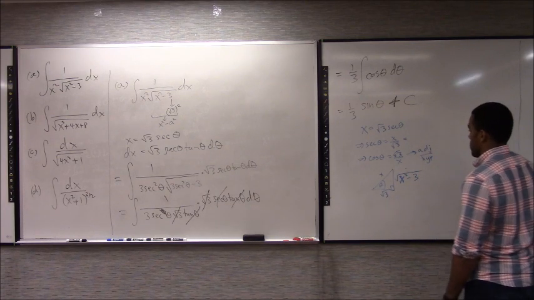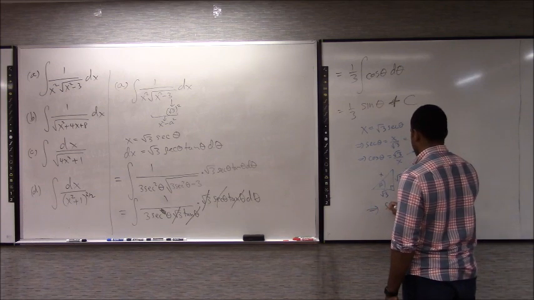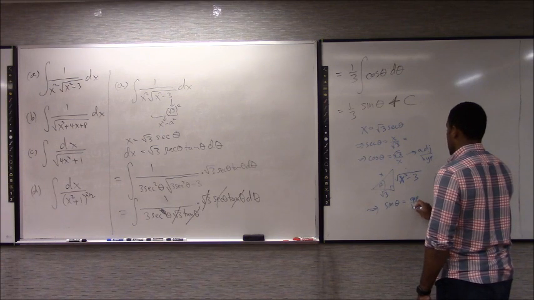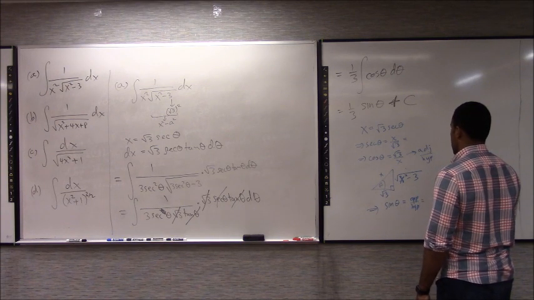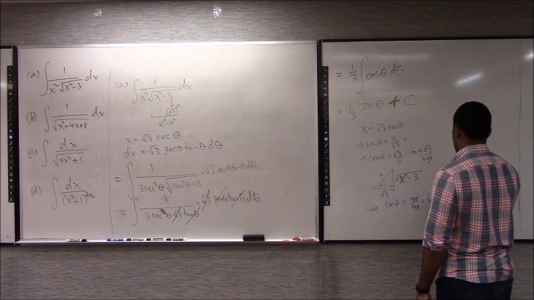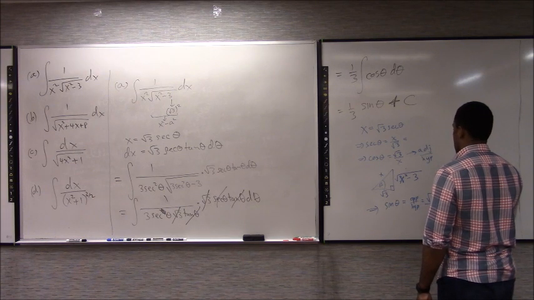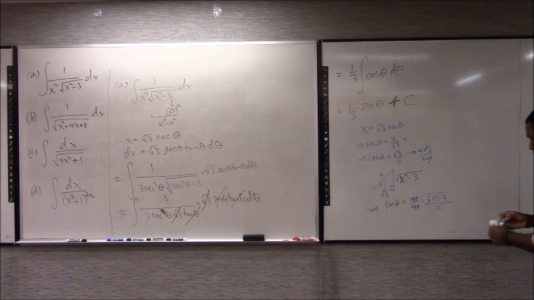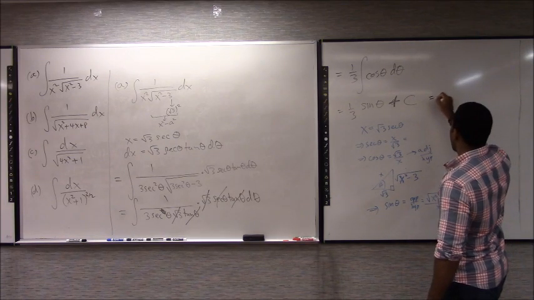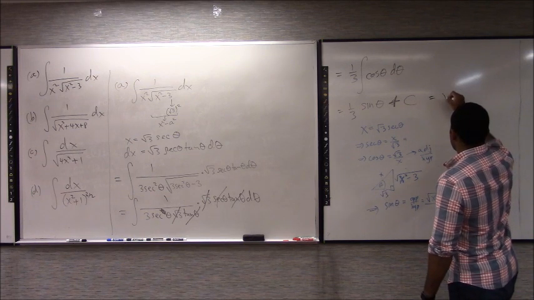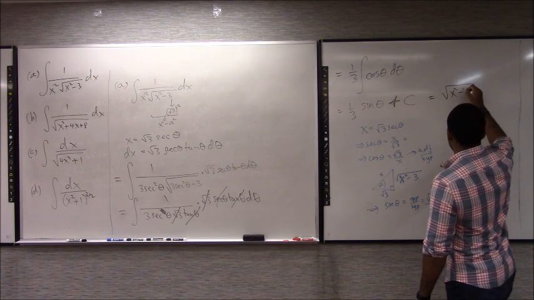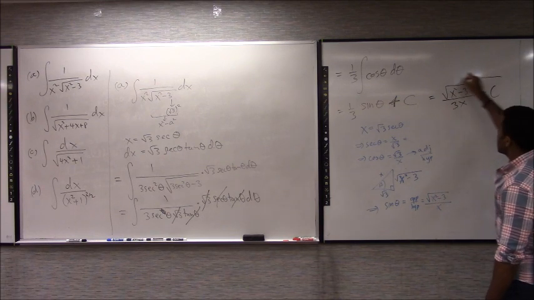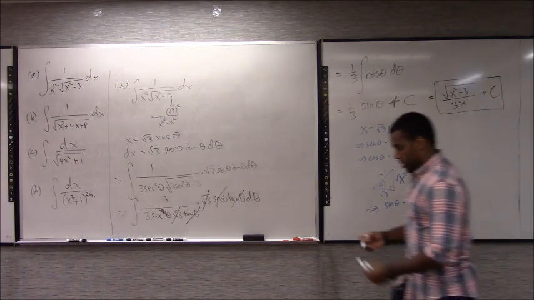From this we can get the sine, which is opposite over hypotenuse, so the square root of x squared minus 3 all over x. Then we go back and plug that in. So it's the square root of x squared minus 3 all over 3x. That's our antiderivative.